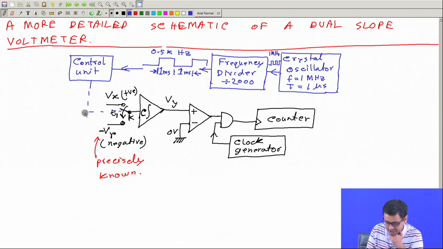Okay. So by this dotted arrow, I mean that this control unit will control the switch position. How? Let me write that.